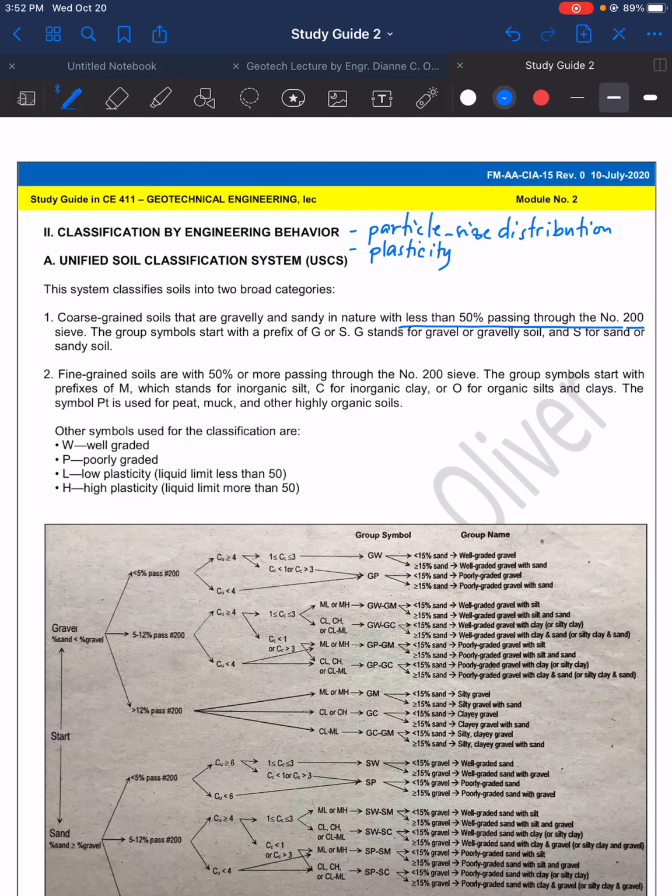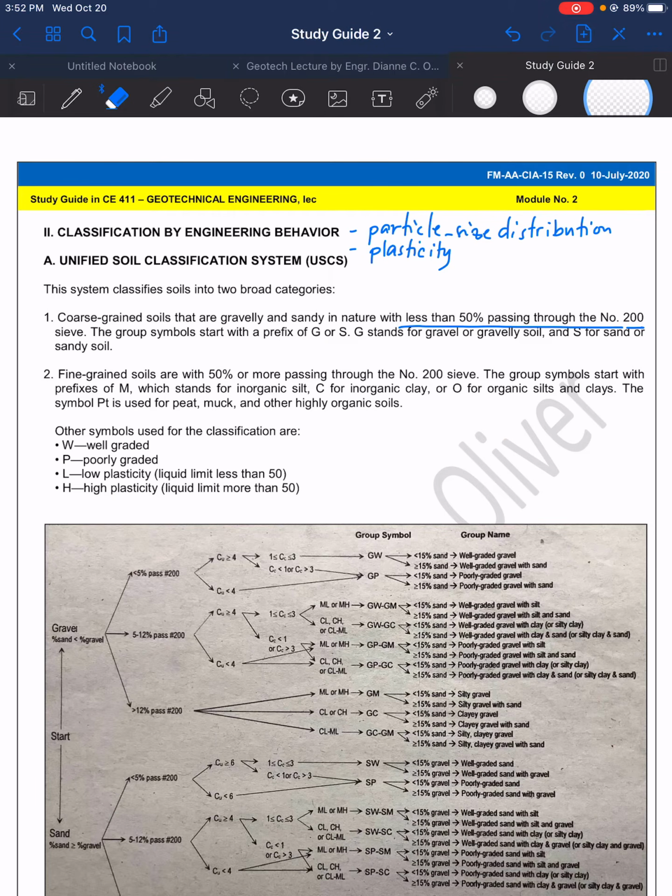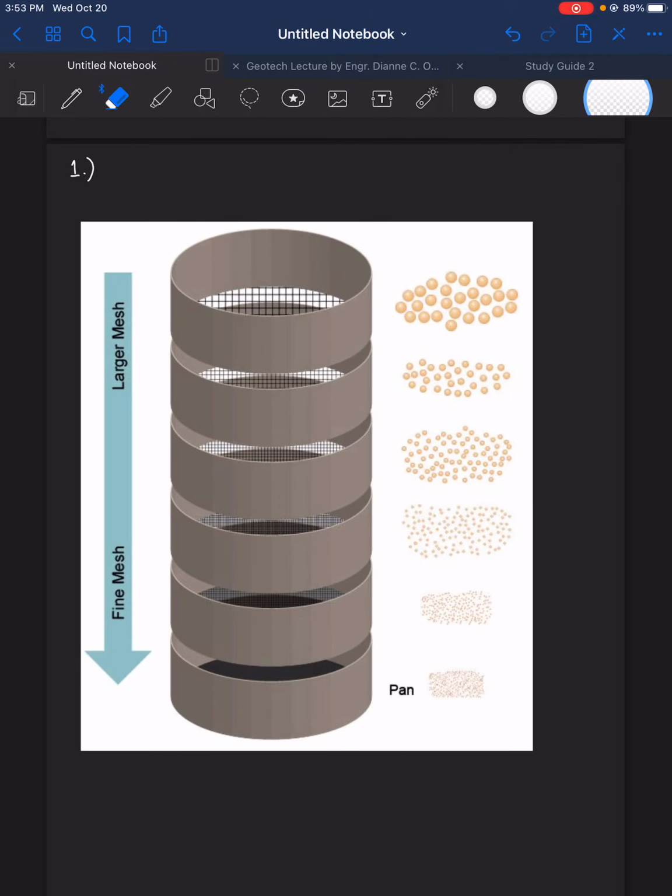So what does it mean? If we have here our sieve, it says there less than 50% passing through the number 200 sieve. If we imagine this, it means that if we put here soil, so we have here soil.